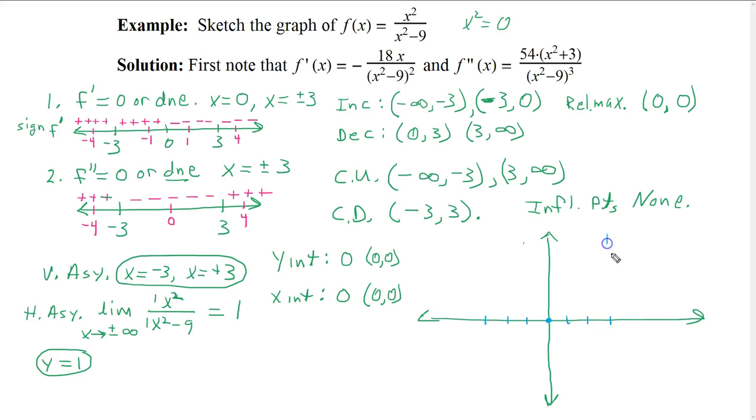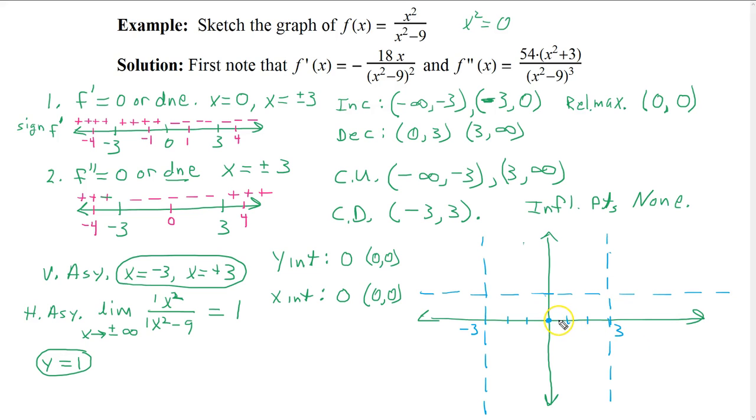So we have vertical asymptotes occurring here and here. So that's at 3 and -3. We have a horizontal asymptote of y equals 1, so let's put that in here, right here. So there's a horizontal asymptote.